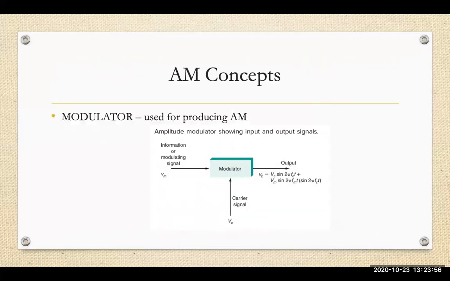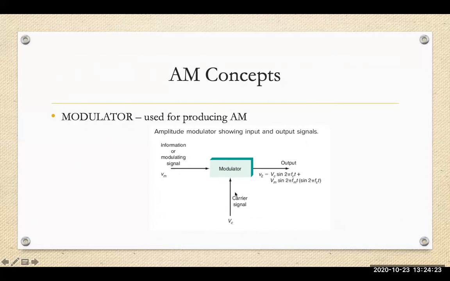Now we have what we call the modulator. Ano yung modulator pala? The circuit used for producing AM is called modulator. Okay? So it's two inputs. Yan. The carrier and the modulating signal. Yan. Modulating signal, V sub M, or information signal, intelligence signal, yun yung other terms.